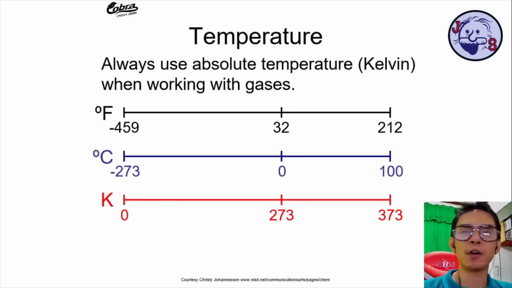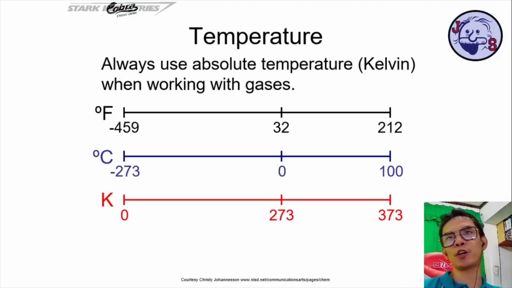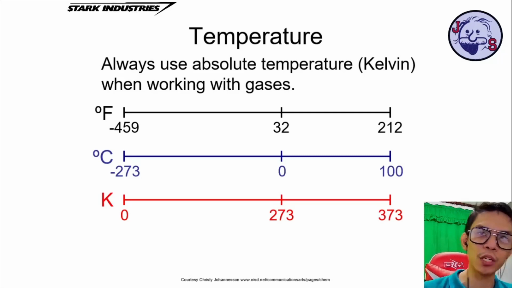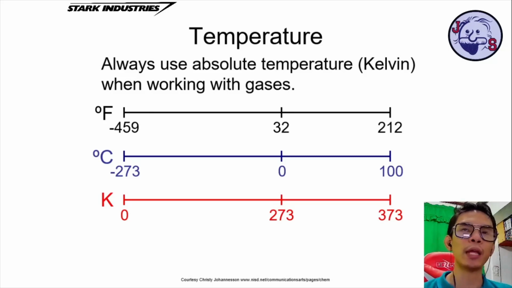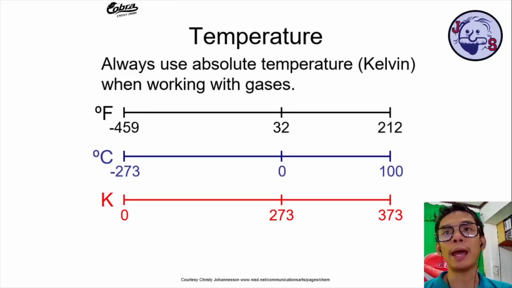Here we have the absolute temperature. The 0 in Kelvin, the absolute temperature, is equivalent to negative 273 degrees Celsius, and negative 459 in Fahrenheit.